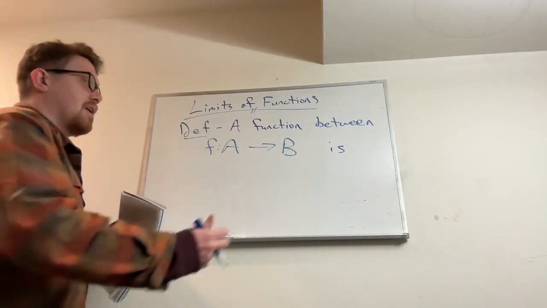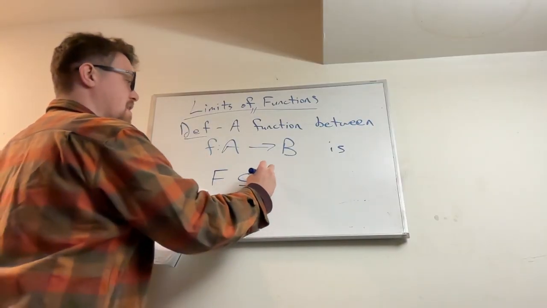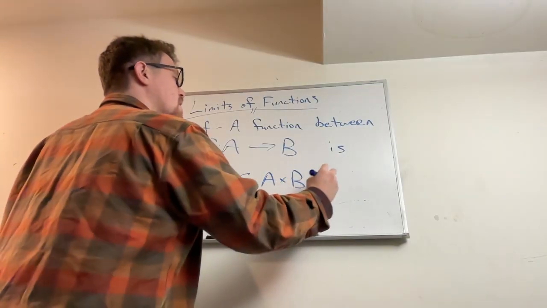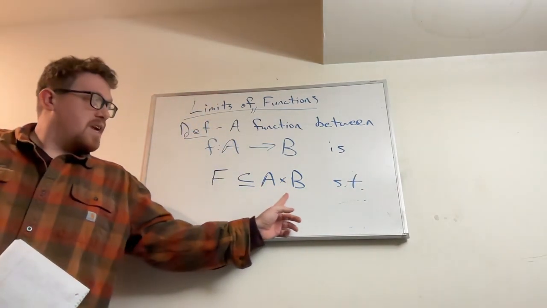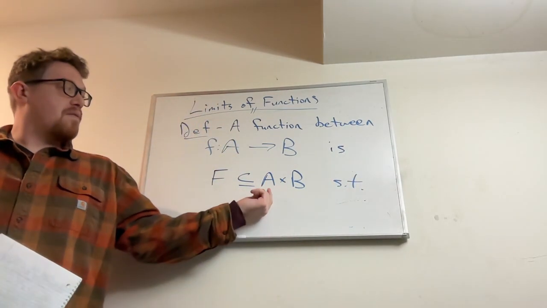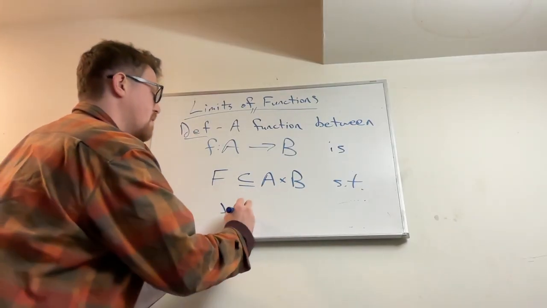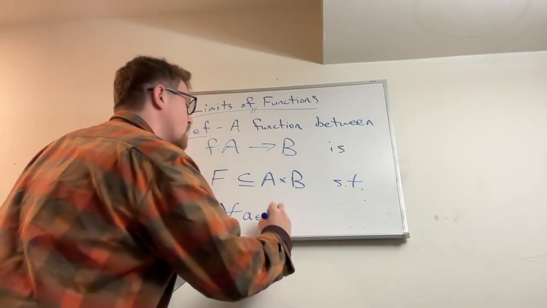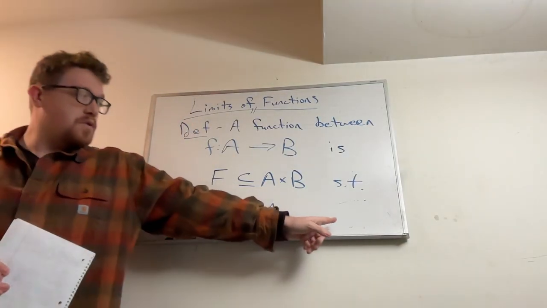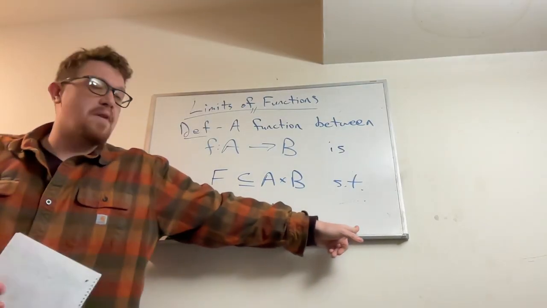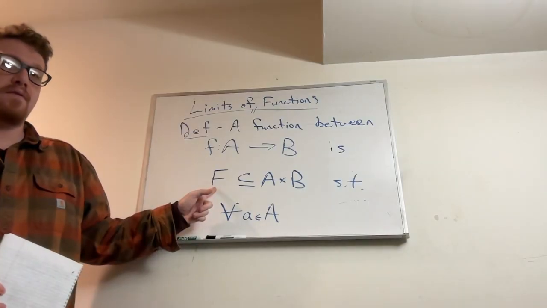So I'll write capital F, a subset of A times B, and it's a particular type of relation between A and B such that for every little a in A, for every element in the domain, there's a unique element which we'll call f of a, and a comma f of a is in big F.